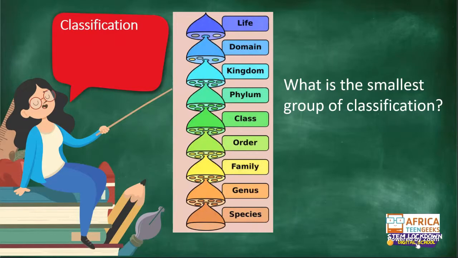Life is the first one, then a domain, which is smaller, then it's grouped into smaller kingdoms, then grouped into phylum, which are smaller again than kingdoms, then into classes, then into orders, then into family, then into genus, and then into species. So what I want to know from you is, what is the smallest group of classification that we use? Species. Yes, very good.